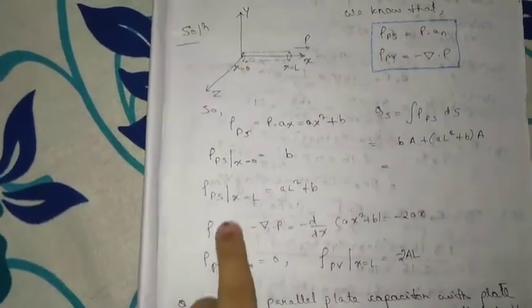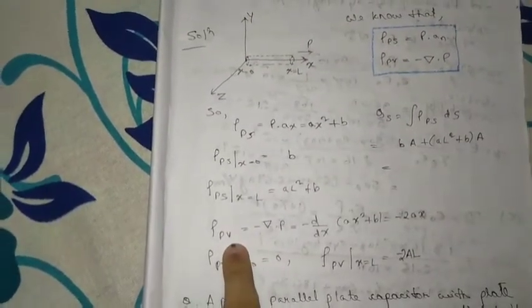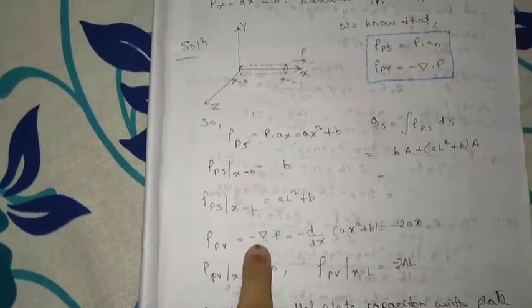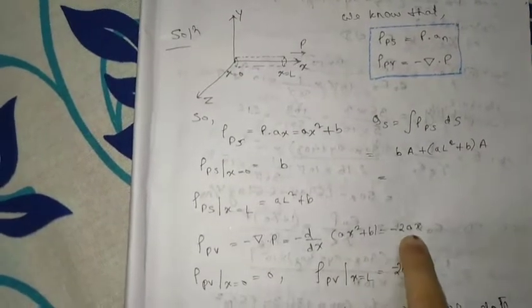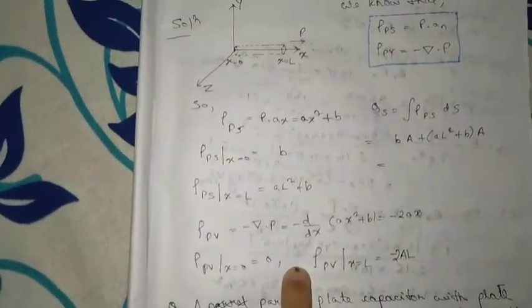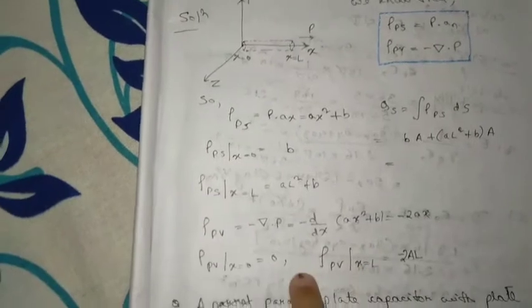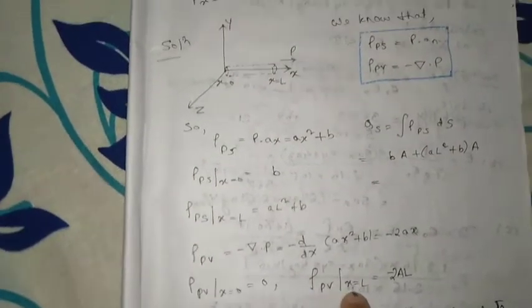Next, for bound volume charge density, we will use this formula. The del operator is nothing but the differentiation operator, so we will differentiate and get minus 2ax. For x equal to 0 we get 0, and for x equal to L we get minus 2aL.